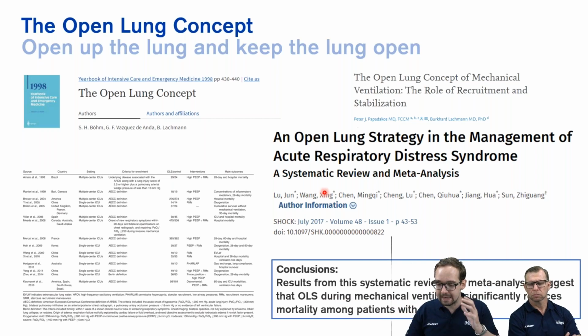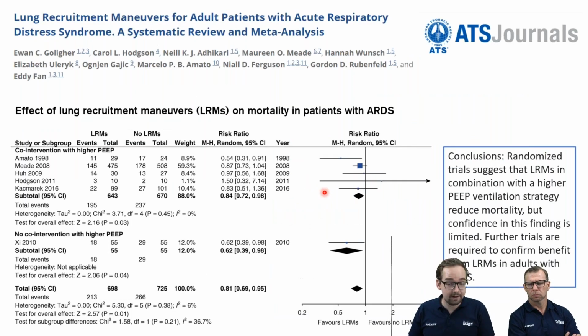So let us have a look at another meta-analysis, really singling out the effect of lung recruitment maneuvers. So we are looking at lung recruitment, again, in patients with ARDS. And also in this meta-analysis, you can see very clearly a favor towards lung recruitment.